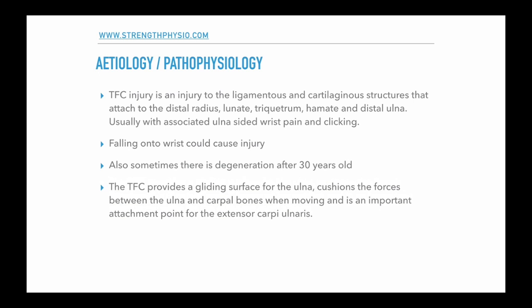The triangular fibrocartilage provides a gliding surface for the ulna, and it also cushions the forces between the ulnar and the carpal bones when moving. It's also an important attachment point for the extensor carpi ulnaris.